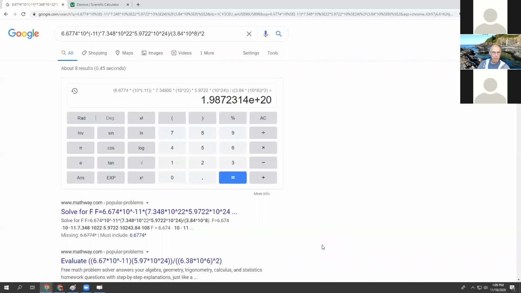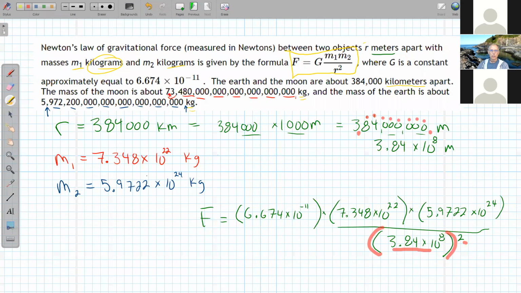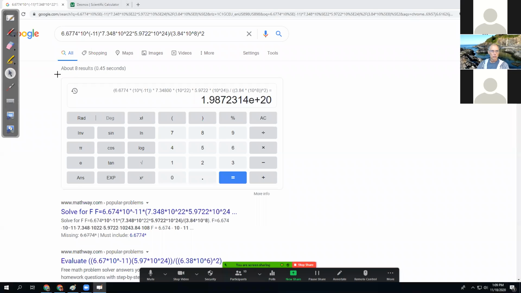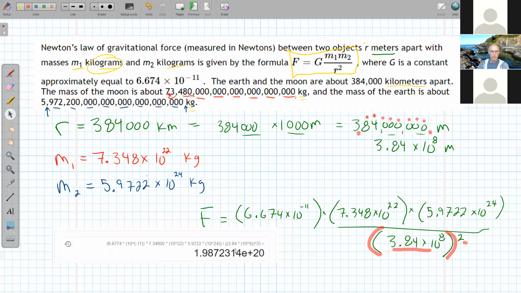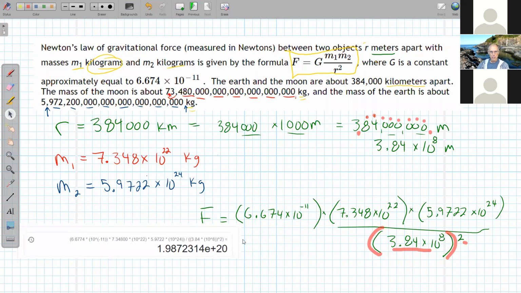So let me copy that into my spreadsheet. Sorry, my notebook. Where is my notebook? Right there. So this is what my Google calculator gave me. Right here. And the interpretation of that E plus 20, sorry about that, is, again, rounding to 3 digits, 1.99.